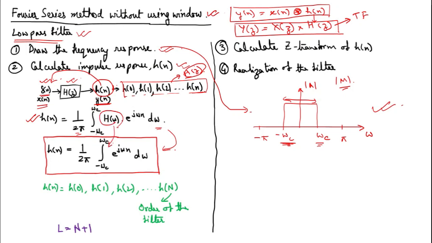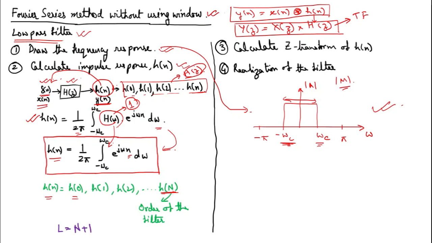Because in our last class we discussed that we usually consider H(omega) as 1 for convenience. Okay, so from here, n is varying, so we can vary the values of n and get h[n]. h[n] usually varies from h[0] to h[N], where capital N is nothing but the order of the filter.